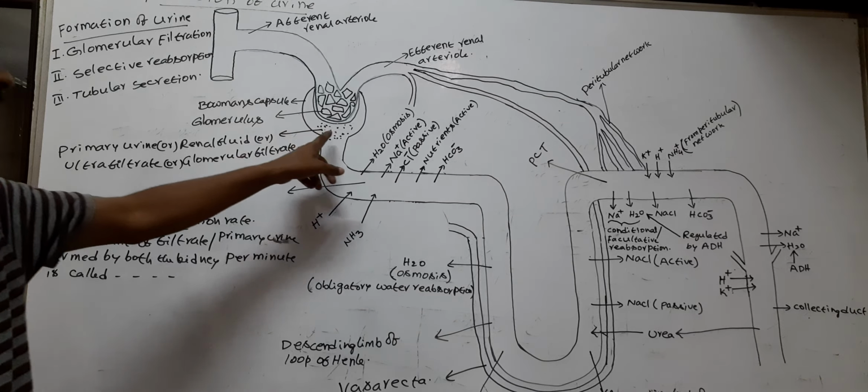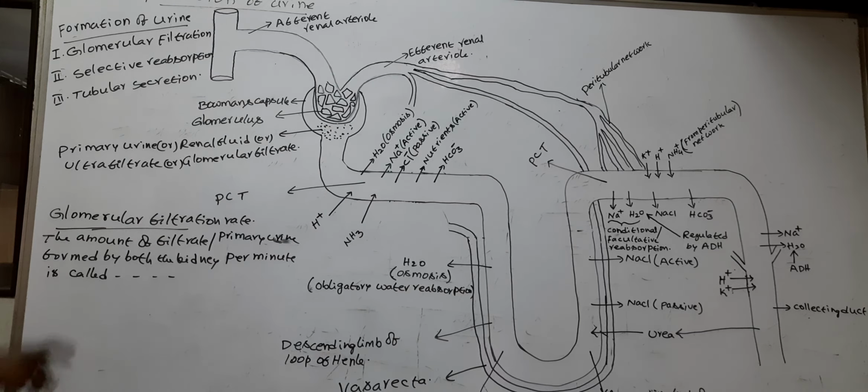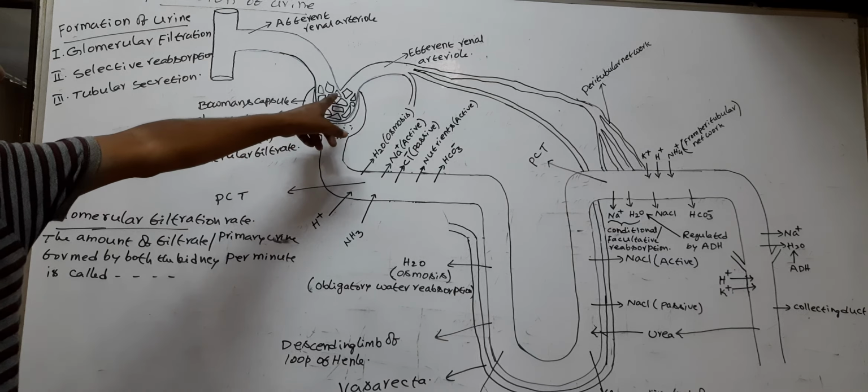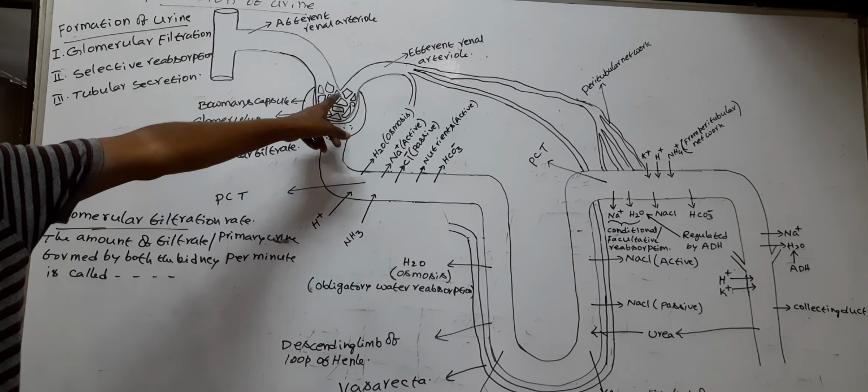So the lumen of the Bowman's capsule contains primary urine. It is formed from blood of the glomerulus.